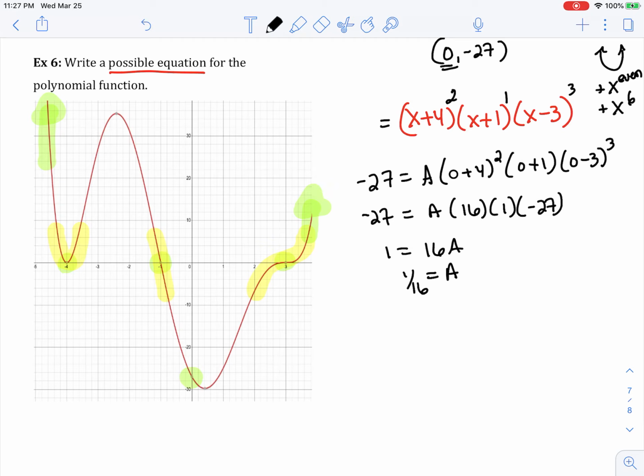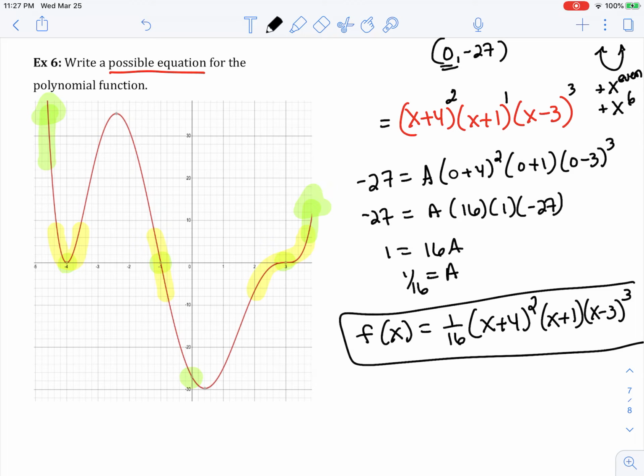So a possible equation for this given graph could be f of x equal to 1/16 times x plus 4 quantity squared times x plus 1 times x minus 3 cubed. Again, possible because our exponent on our x plus 4 would just need to be some sort of even exponent.